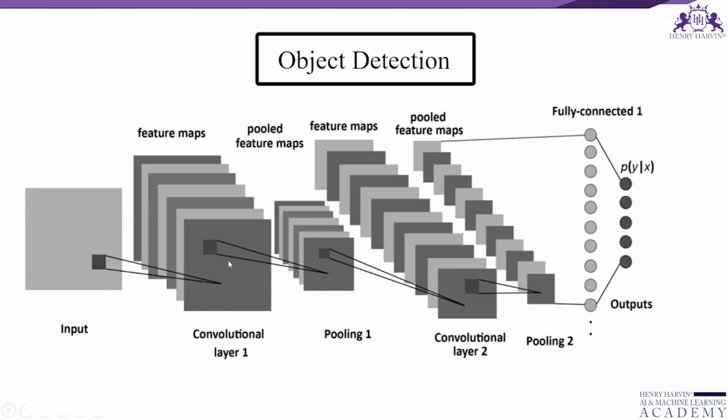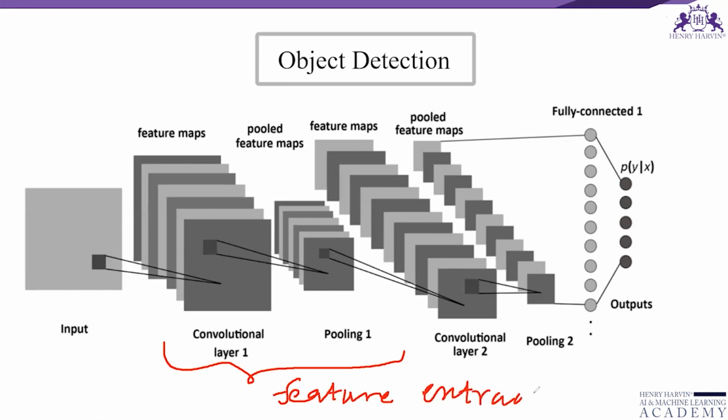The convolution layer and the pooling layer act as a feature extractor, right? And the fully connected layer, what does this do? This performs the non-linear transformations of these extracted features, and it acts as a classifier, right?